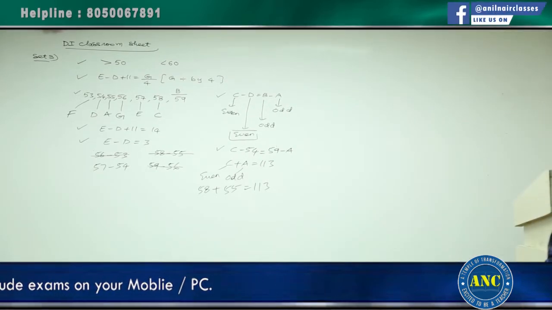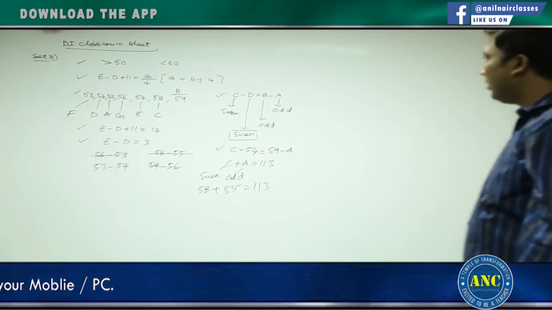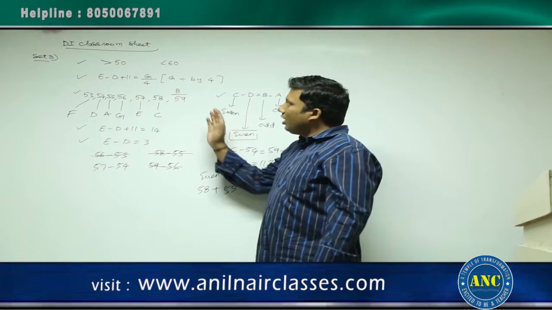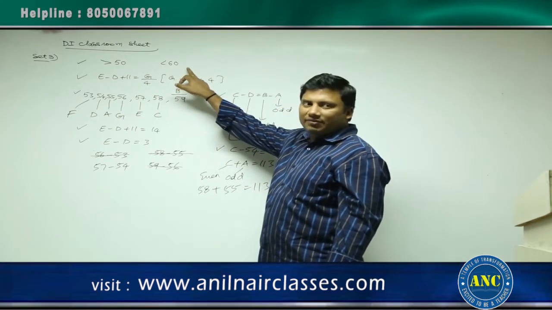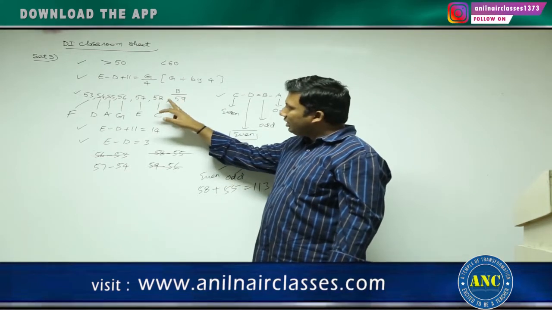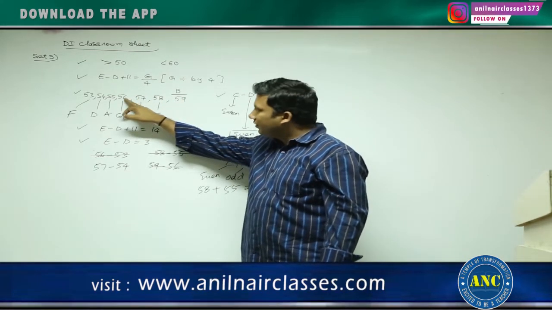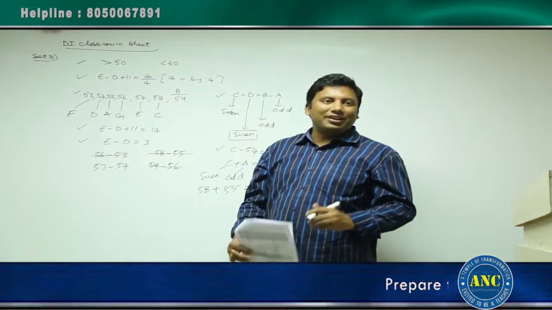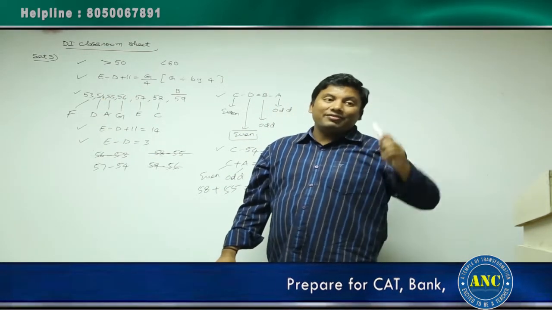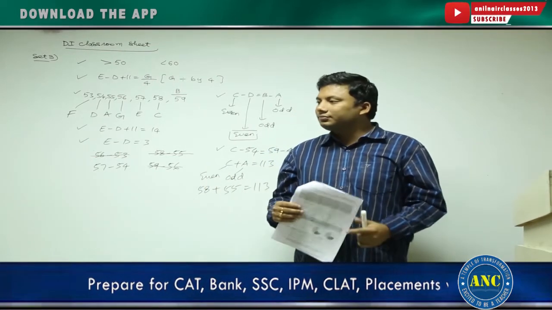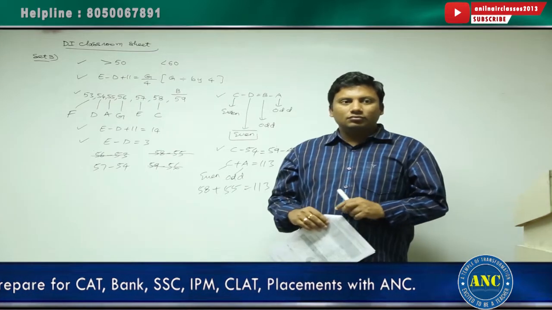So why can't it be 53? If B is 53, all the integers must be greater than 50 and less than 60. If B is 53, then 53, 52, 51, 50, 49, 48, 47 are going to be less than 50. All the integers are greater than 50 and less than 60, it is written in the second line. Why do we go backwards?